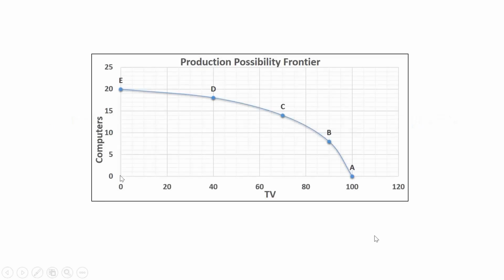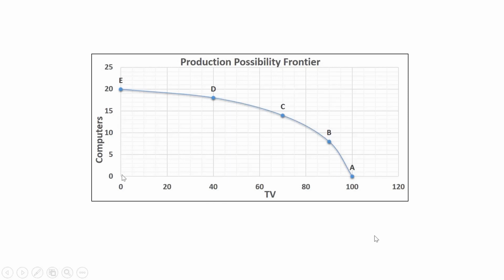So let's start. In question 1, our duty is to determine the type of opportunity cost exhibited by the PPF. Let's consider television sets. We are producing the maximum of television sets, which is 100.